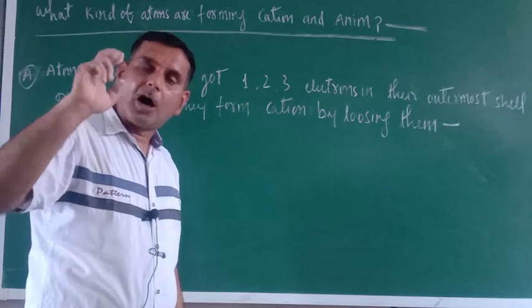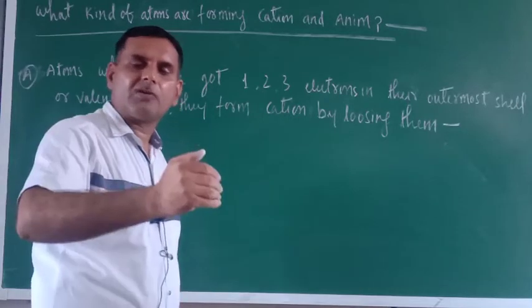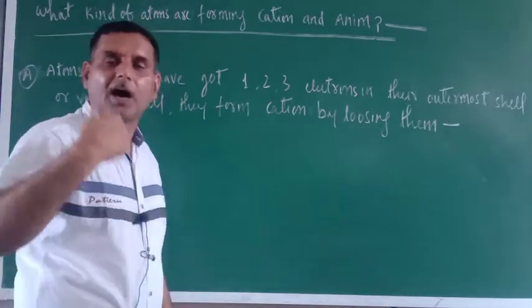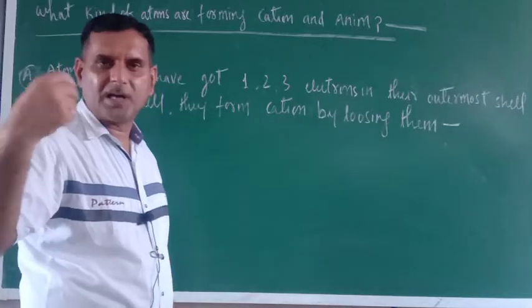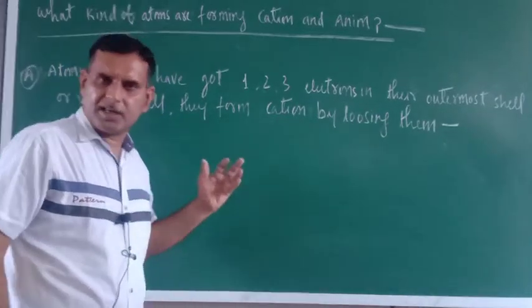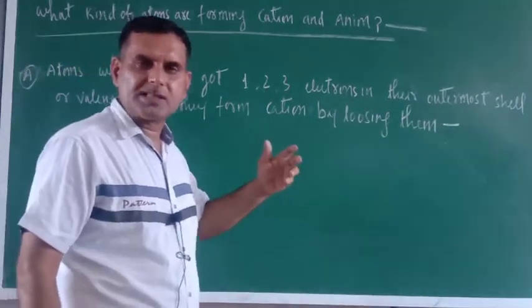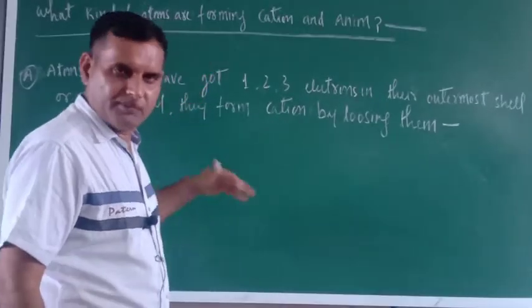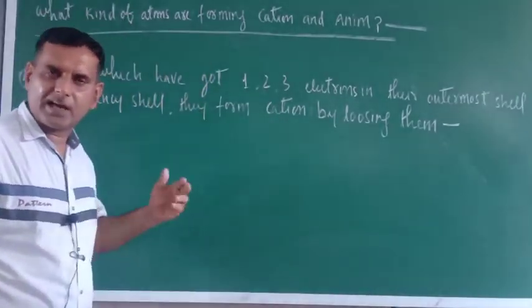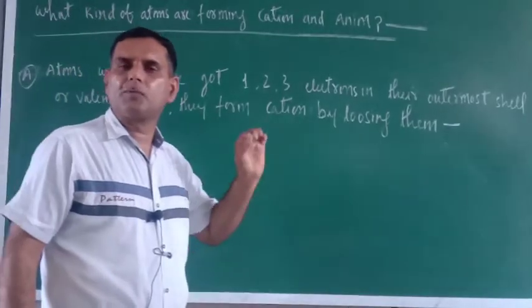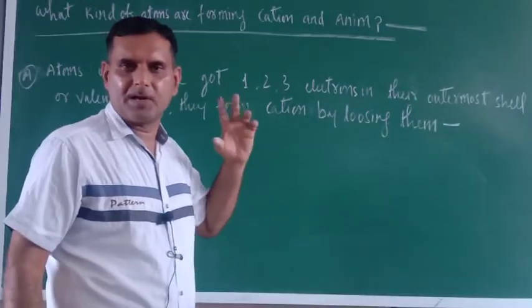So how can you remember that this particular atom will form the cation or this particular atom will form the anion? Some rules are there. If you remember those rules, then you will understand whether they will form cation or anion. Only one thing you have to learn by heart, that is their atomic number.